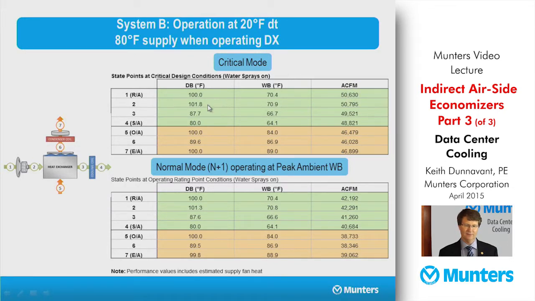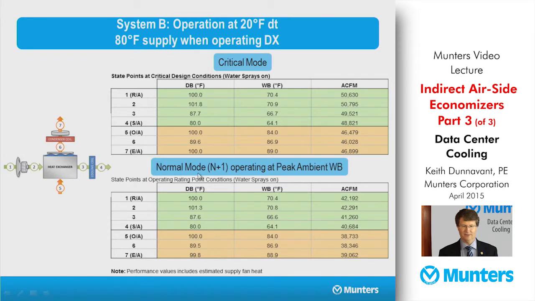After fan heat, the temperature elevates up to 101.8, leaves the heat exchanger at 87.7, and that's at that 84 wet bulb condition. So your trim cooling is sized to take the air from 87.7 down to 80. So these are all of the airflows representative of that system operating in critical mode.